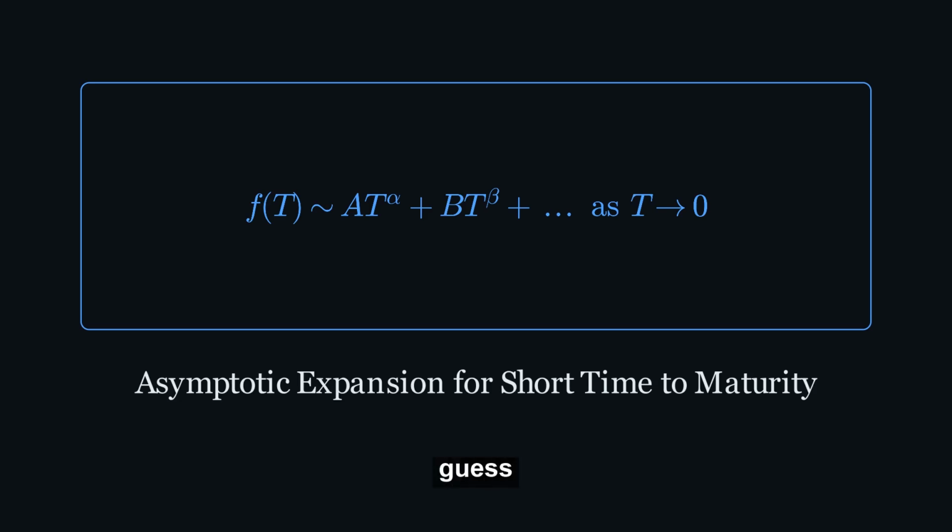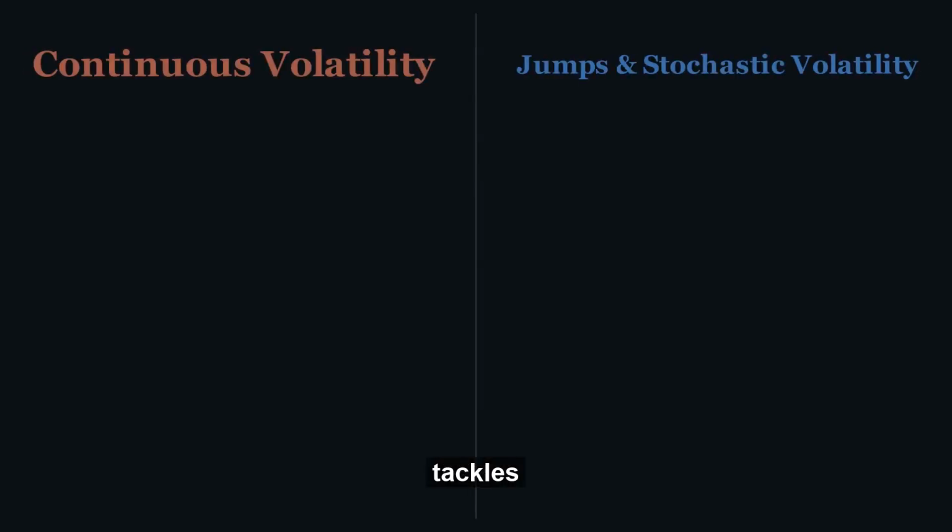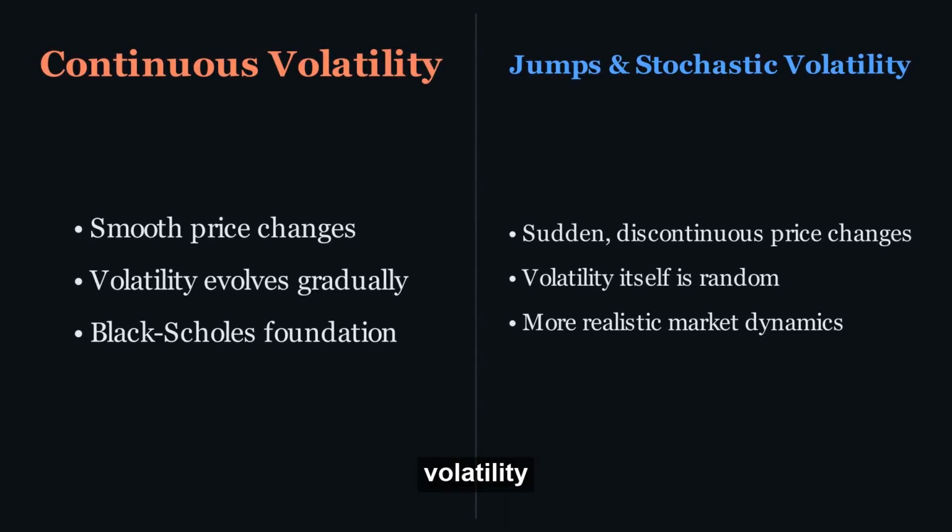This isn't just a guess, it's a mathematically rigorous way to find the dominant terms that dictate the option's behavior when it's about to expire. This allows quants to derive closed-form, highly accurate formulas for option prices and the VIX in these critical, short-term scenarios, even with jumps.